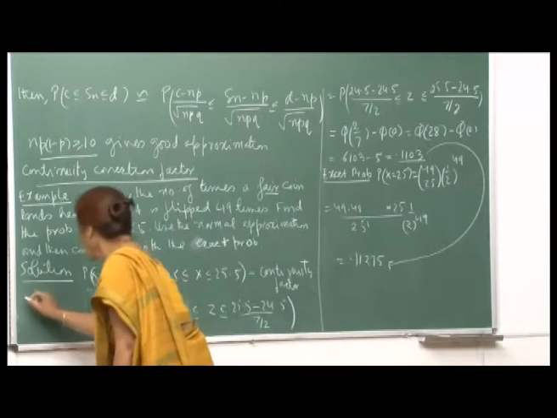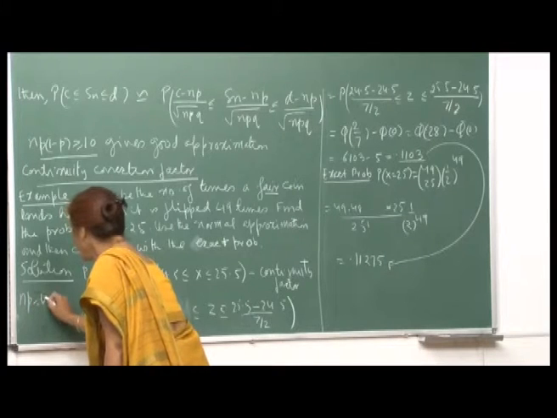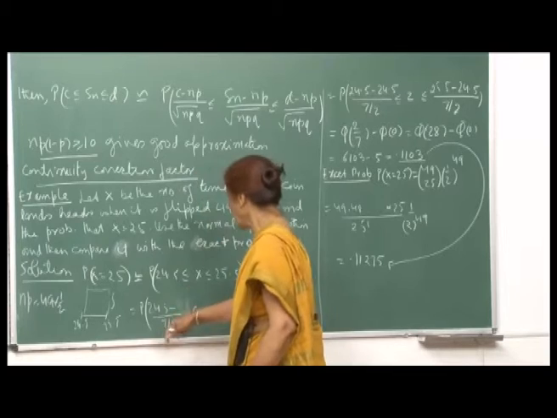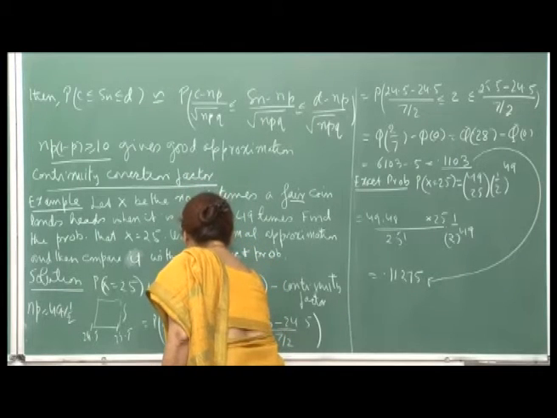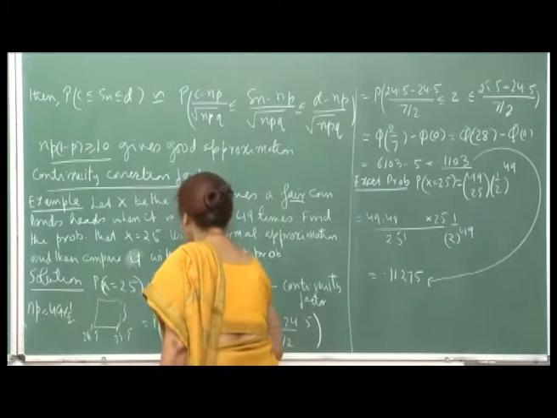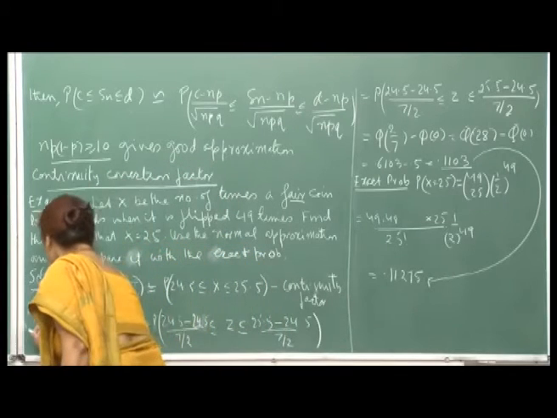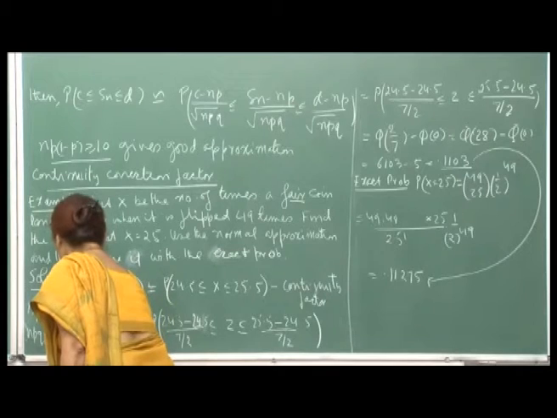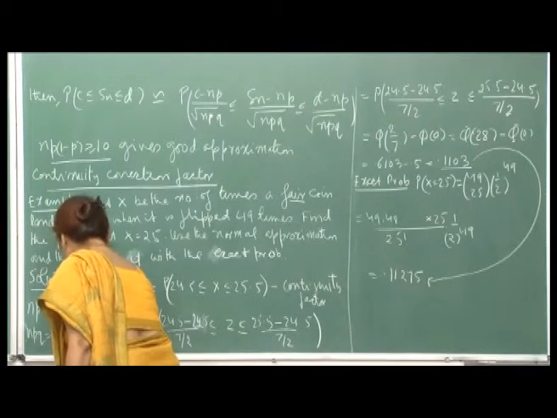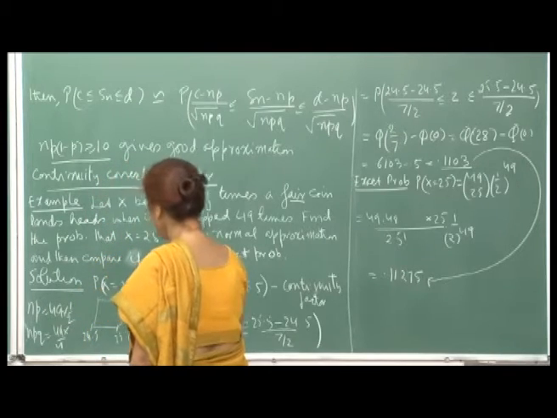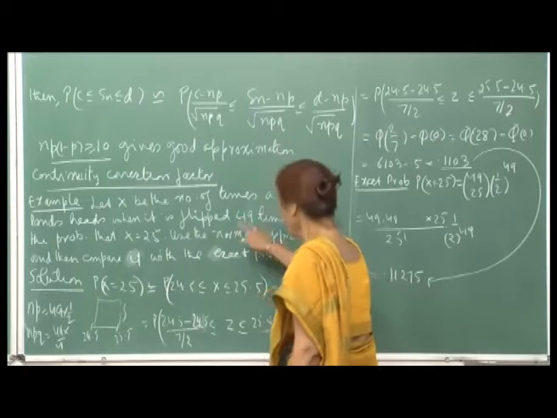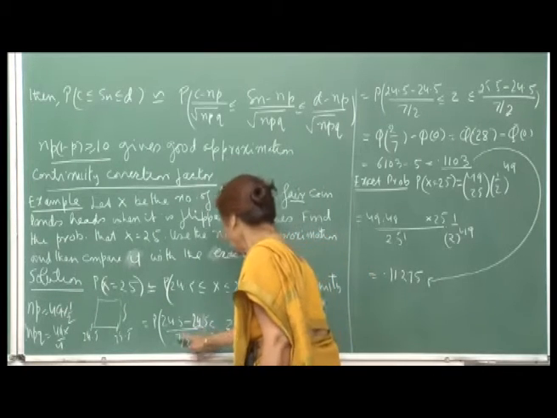Therefore, np is 49 into 1 by 2, which is 24.5, and your variance is npq. So, that is 49 into 1 by 4, and so the square root of that would be 7 by 2. That is why I chose this 49, to make it a perfect square.